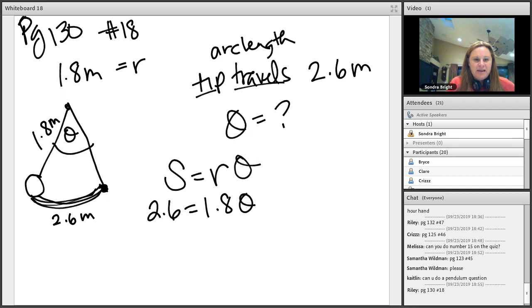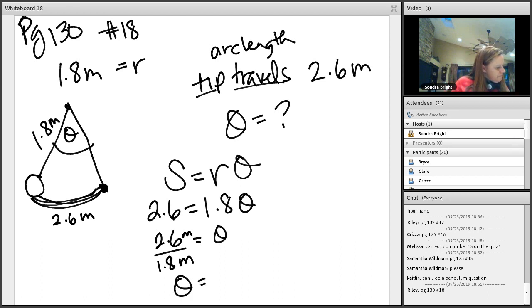And so theta, you're going to divide 2.6 meters by 1.8 meters. And so your theta is 1.44, and then there are no units, right? Meters canceled, which means that this answer is in radians.